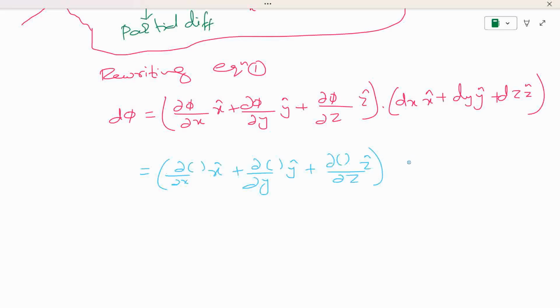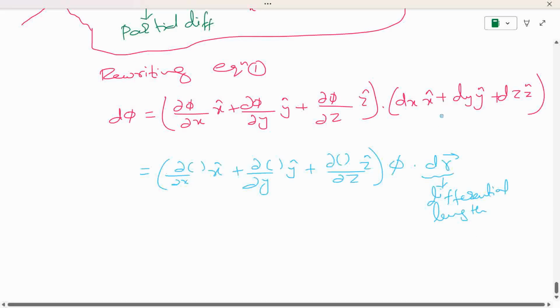And here phi I am taking common. We know the differential length, dl cap or dr cap, whatever notation you can use, but just see that it is specified. So it is differential length, and we have seen in the previous lectures the differential length in Cartesian coordinates.